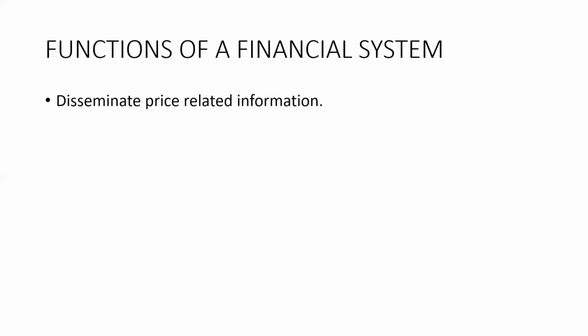The financial system disseminates price-related information. This means that the financial system provides a platform through financial markets to make available price-related information, which is of valuable assistance to those who wish to buy or sell securities in the financial market. SEBI has set disclosure norms for all public companies listed on stock exchanges.